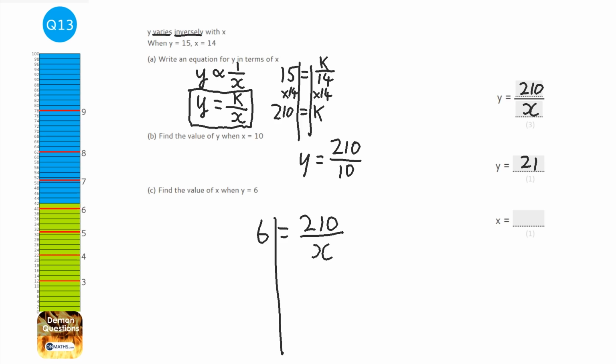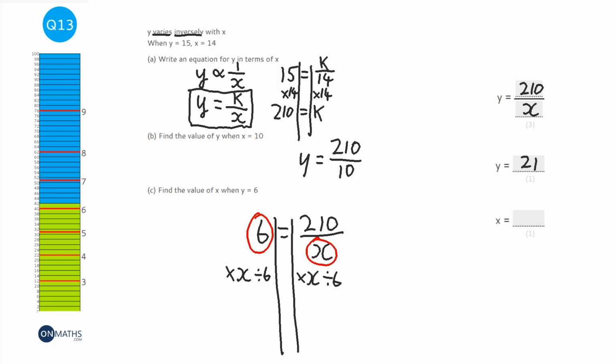And what you can do here is you can times both sides by x and then divide both sides by 6. And whenever you've got a one number on this side and a bottom of a fraction, you can actually just switch them over by doing that. So it's x equals 210 over 6. So 210 divided by 6 is going to be 35.